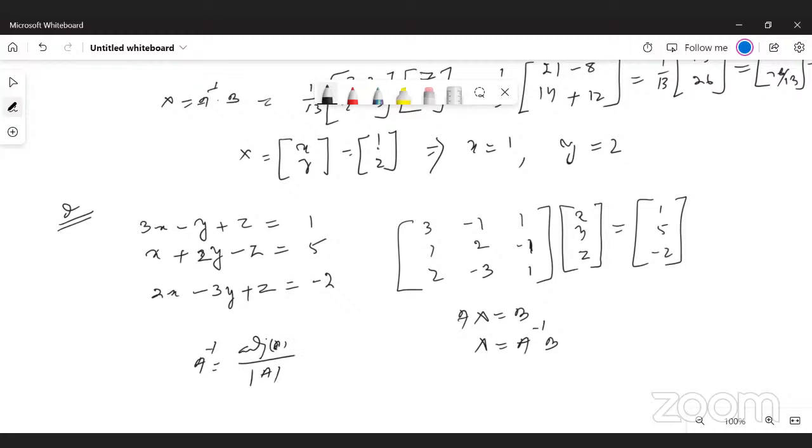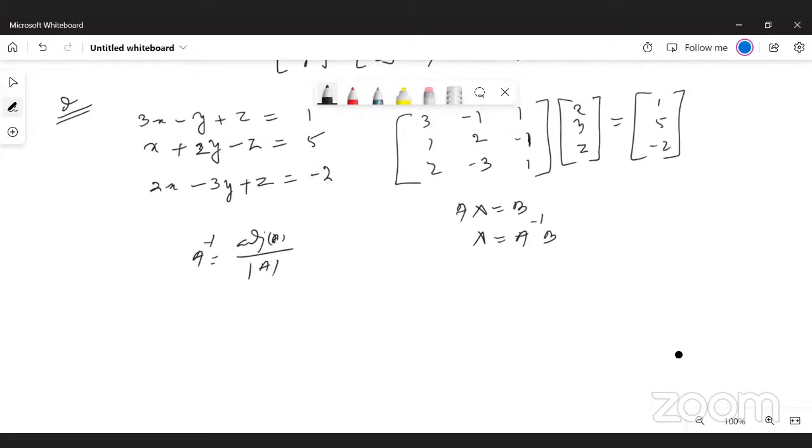First, you have to find the determinant value.